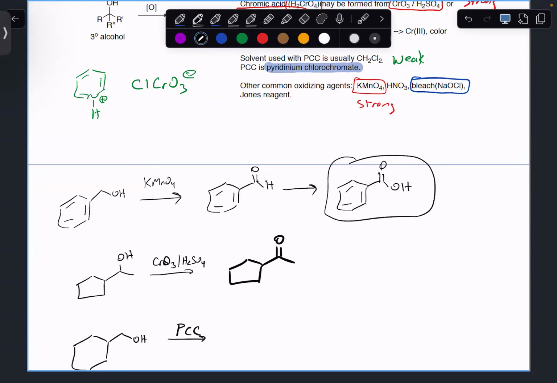Remember, we talked about this last time. The reason the aldehyde could oxidize further is because it still had a hydrogen which it could lose. With a ketone, however, that carbon has no more hydrogens on it. And so we cannot oxidize this any further.